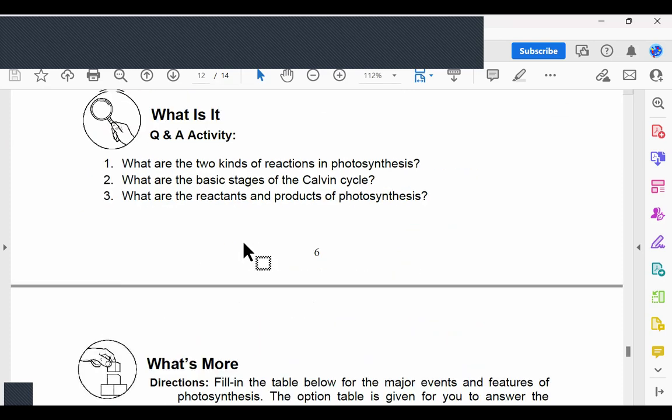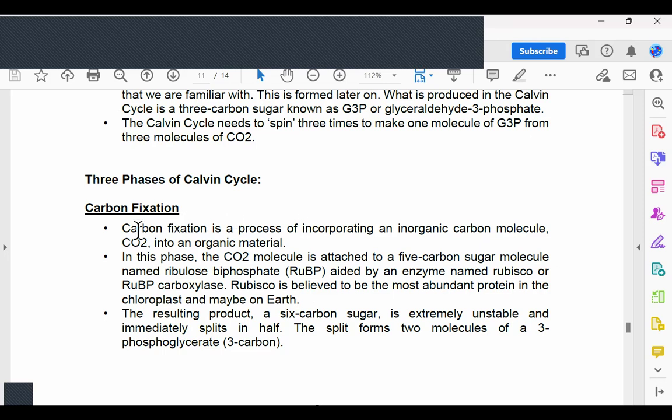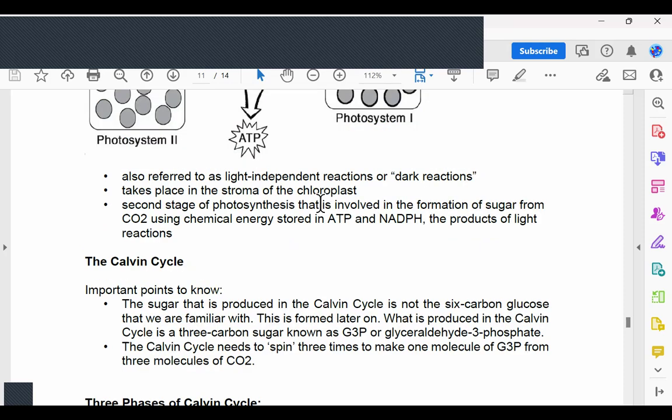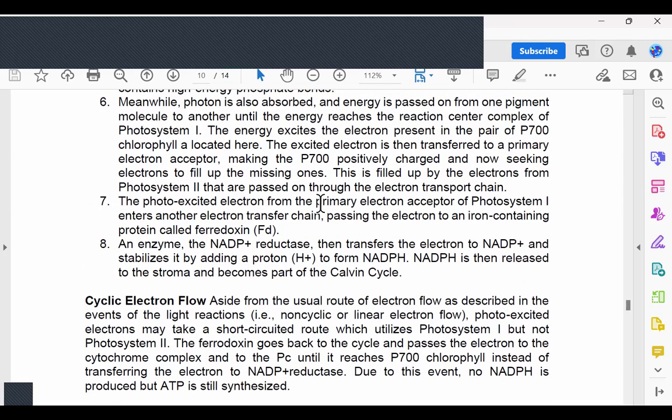Now there are a lot of technicalities in here, but generally there are vocabularies that I'm going to be asking. For instance, carbon fixation is incorporating the inorganic carbon molecule CO2 into organic material. But a lot of the questions I might be getting from the video, just to keep it simple.